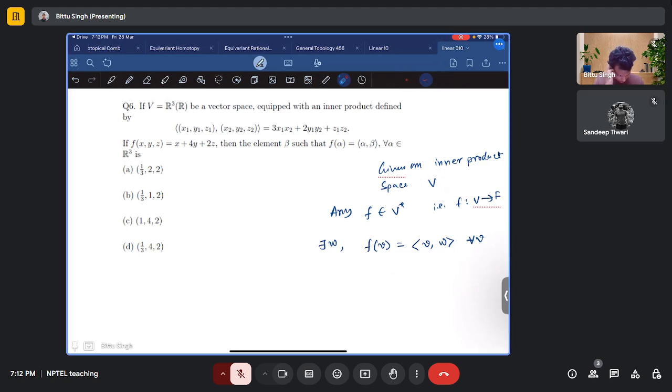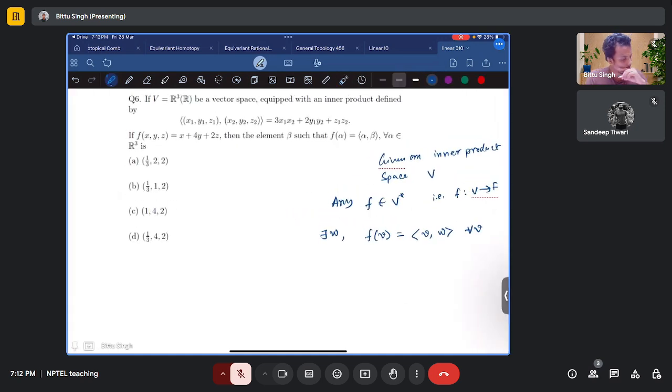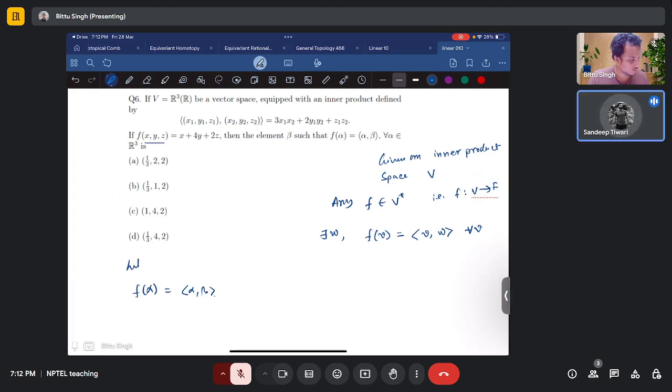Okay, so let us try this. So f alpha can be written as alpha inner product with beta. Let x plus 4y plus 2z be written as the inner product of xyz with 1, 4, 2. Yeah, you are absolutely right.